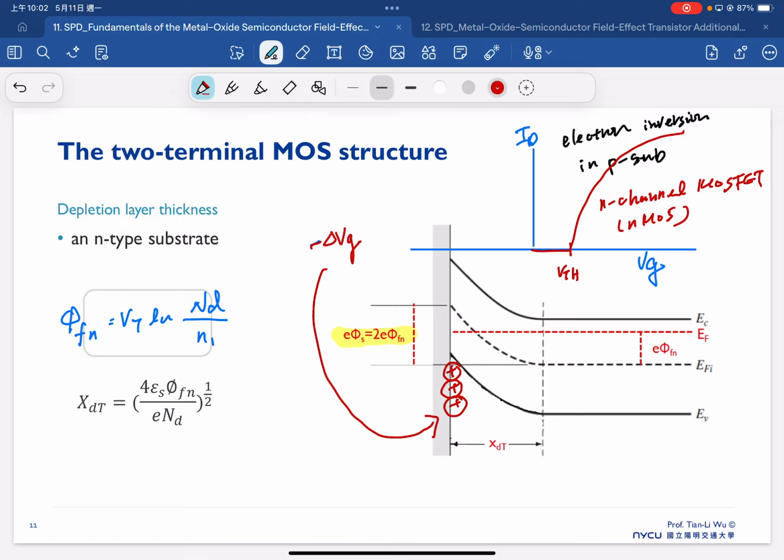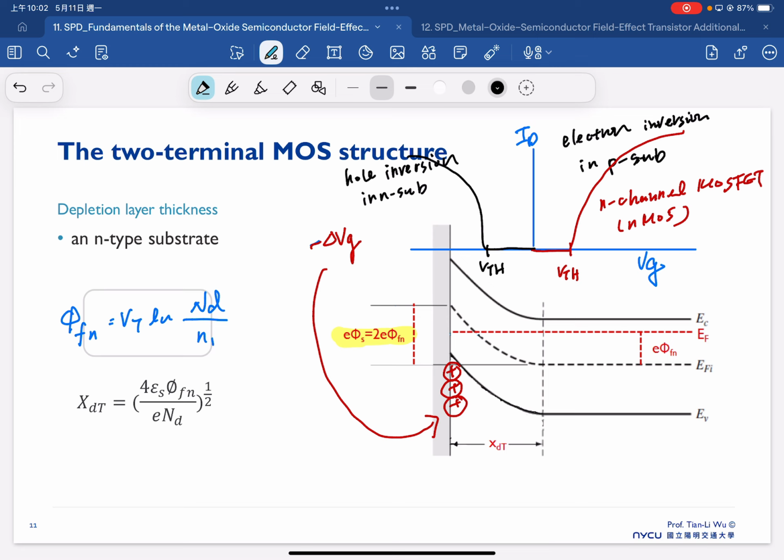On the other hand, if we consider the case where we have hole inversion in the N substrate, then we foresee that once we give enough negative bias, we start to see the hole current here, and still we can define this as a threshold voltage.